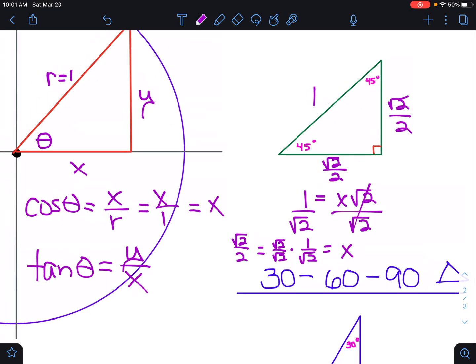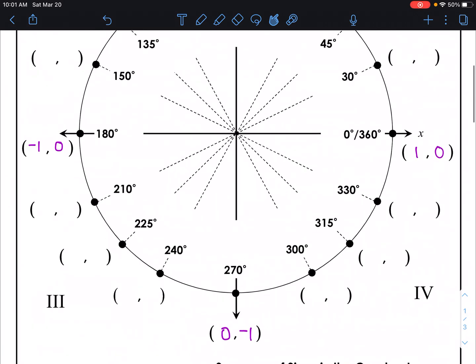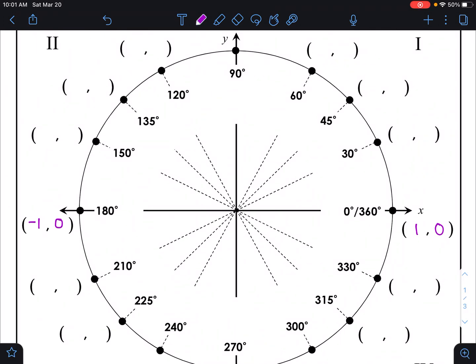Okay, now, if I use this triangle that we just made, and I think about having a triangle right here, that's 45 degrees, right? We just said that this distance is square root of 2 over 2, and this distance is square root of 2 over 2.